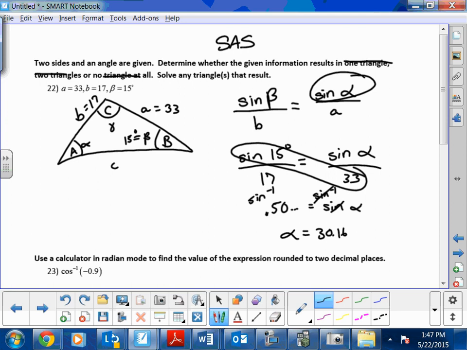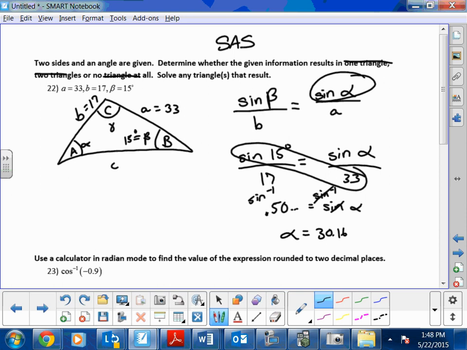Now this is important, and the reason being is that we have two triangles that might be formed. One of them off of the answer 30.16, and the other one, its predecessor, the subtraction of the value of them.